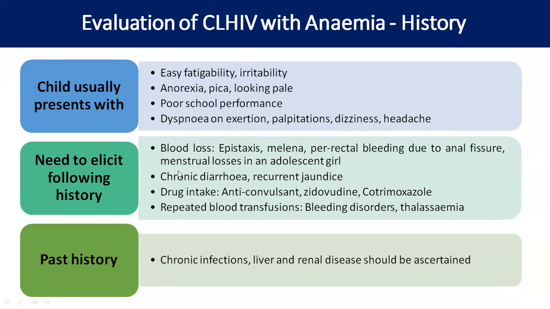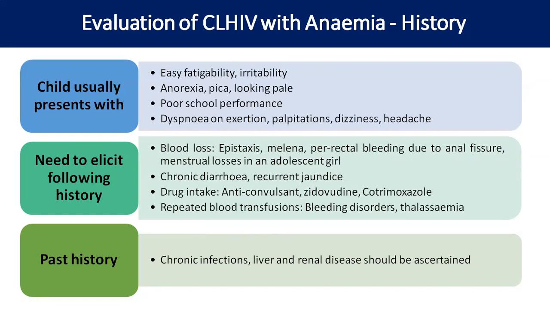We need to ask specifically for any blood loss in the form of epistaxis, melena, rectal bleed due to anal fissure, or menstrual losses in an adolescent girl, chronic diarrhea, recurrent jaundice, history of drug intake apart from ART, like anticonvulsants or Septran, and repeated blood transfusions, like in cases of bleeding disorder or thalassemia.